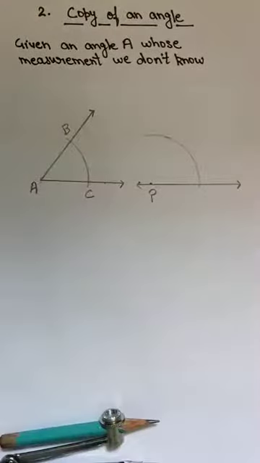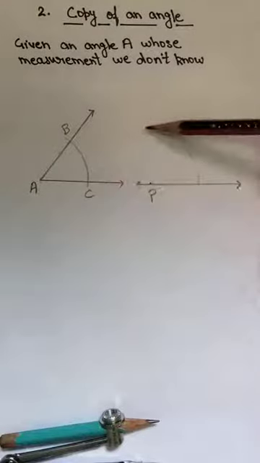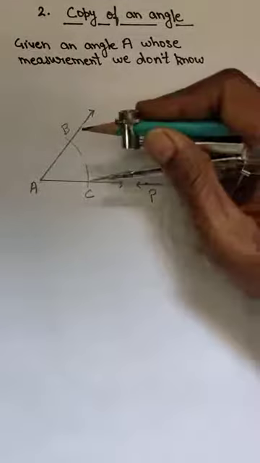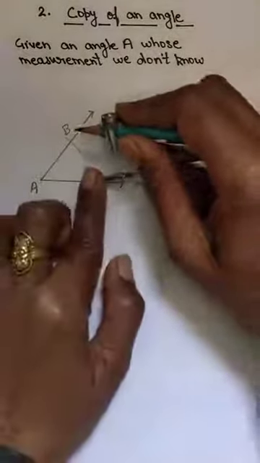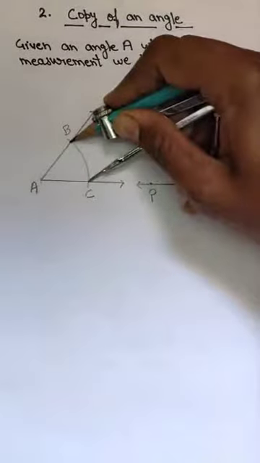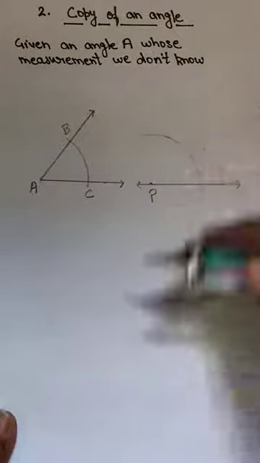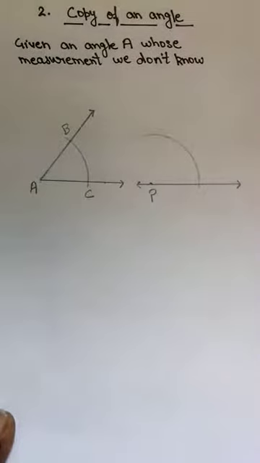Same as we drew from A here, with the same radius we drew from P. Now open your compass equal to length BC. With this point, give it the name Q.